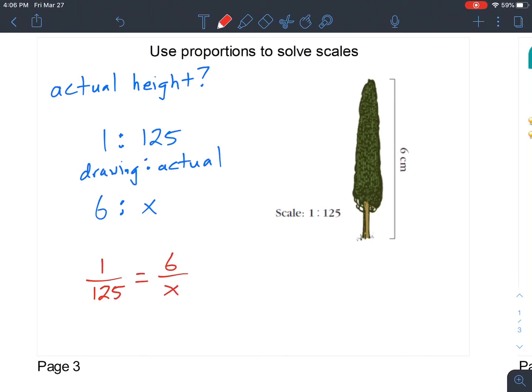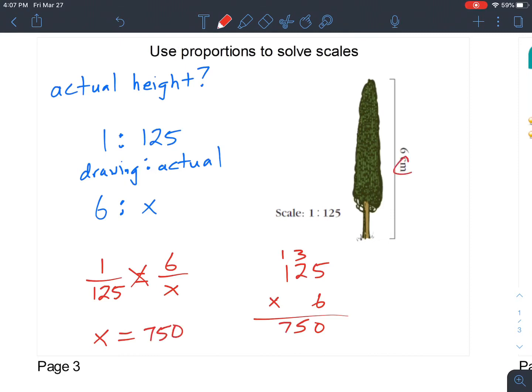So we've set up two fractions, we made a proportion, and then we cross multiply to solve. x times 1 is just x, and 6 times 125 gives 750.